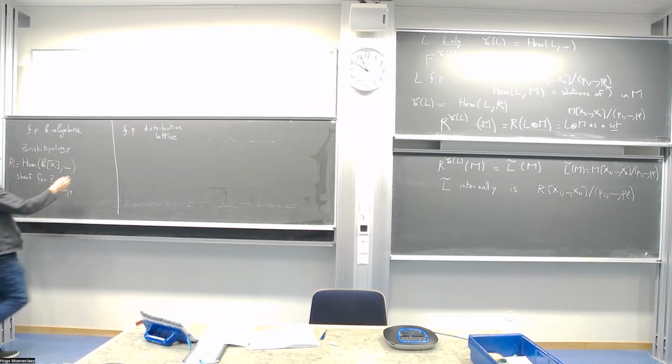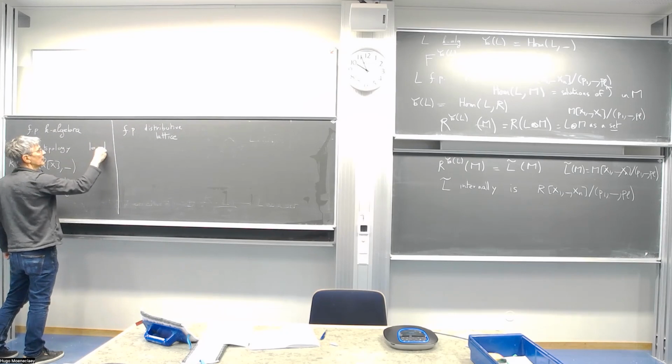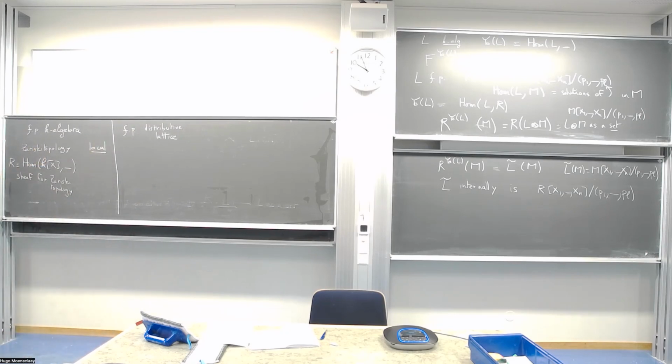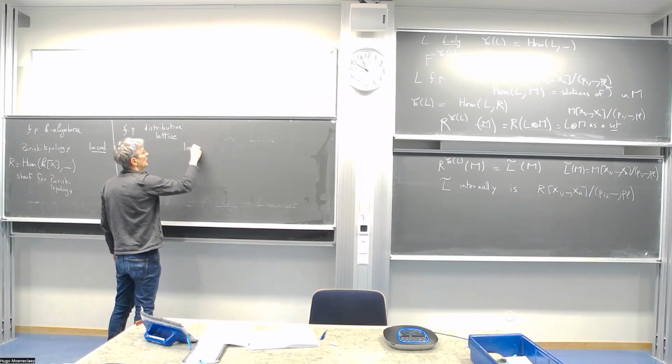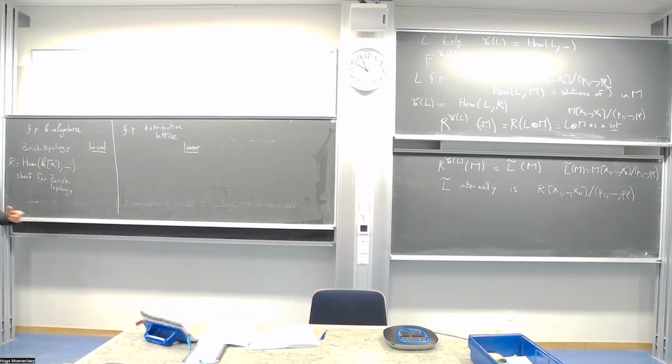The Zariski topology has the generic local ring, and local will correspond to being a linear order. Why this is a sheaf is that to solve a linear system, it's enough to solve it in all comaximal localizations. And you have the same principle for distributive lattices.